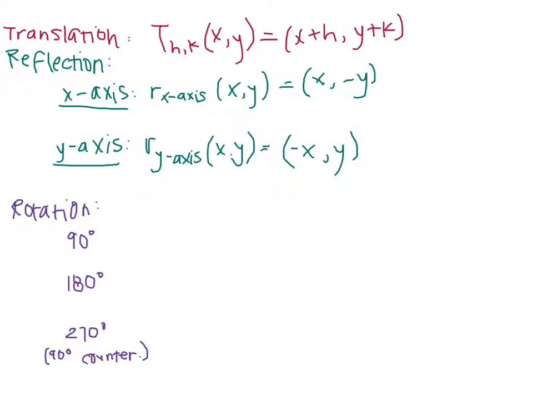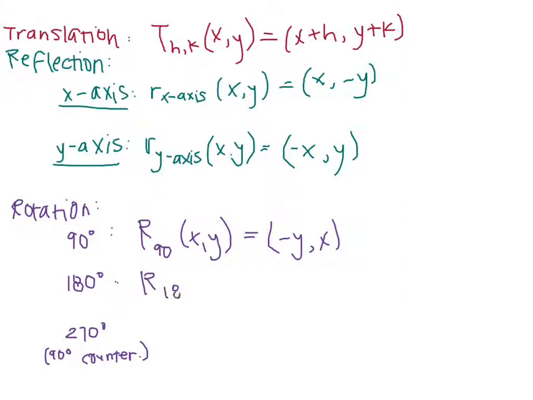A rotation is going to be represented with a capital R, and then the amount of degrees is going to be in the subscript. So a rotation of 90 degrees will look like this. XY represents my point, and then we already know from last week that when you rotate 90 degrees, the X and Y switch places and the Y also switches signs.